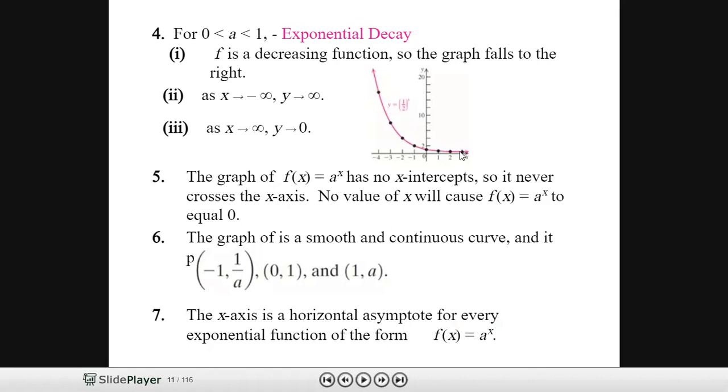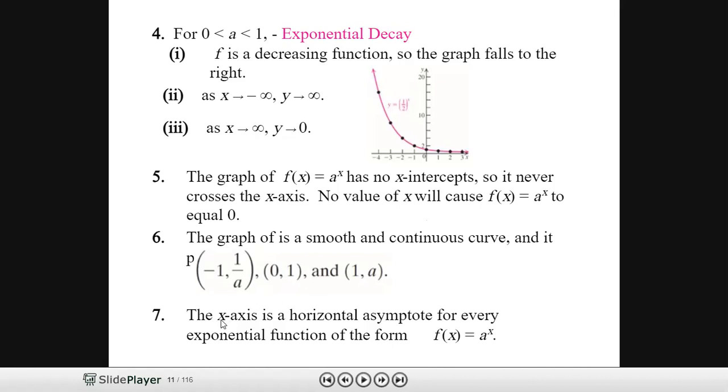It will remain above the x-axis, so it has never crossed the x-axis. No value of x will cause f(x) to equal 0. The graph is a smooth and continuous curve, and it passes through the points (-1, 1/a), (0, 1), and (1, a). These are the few points.